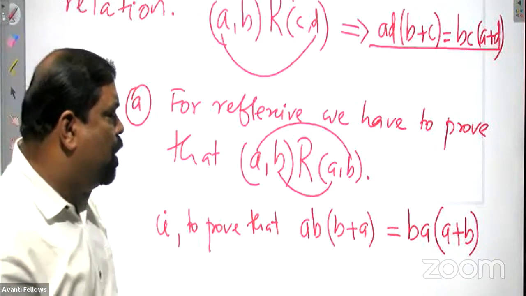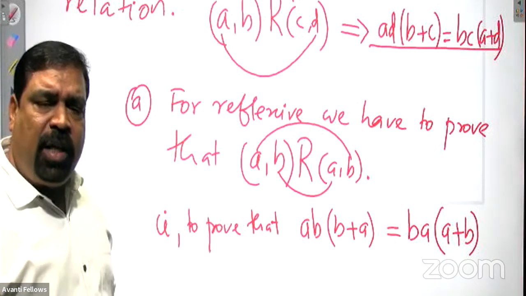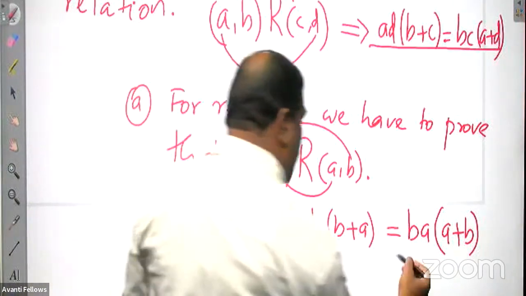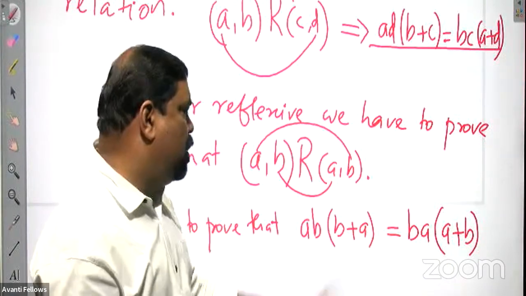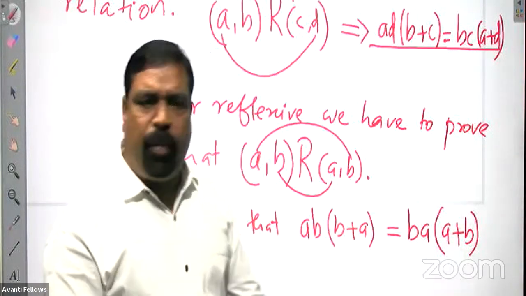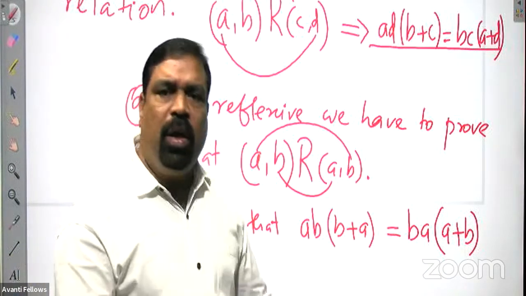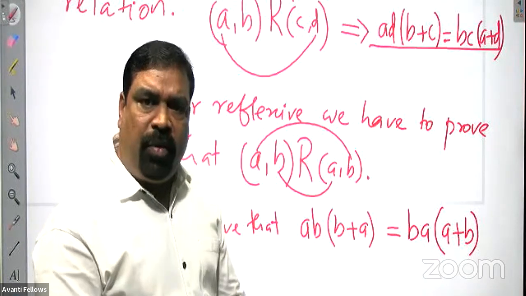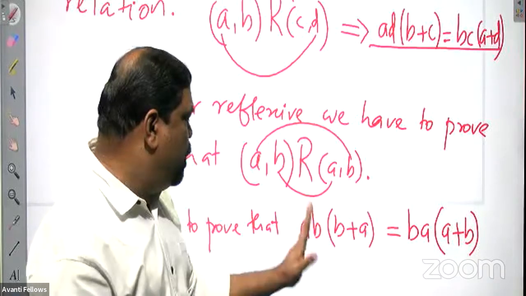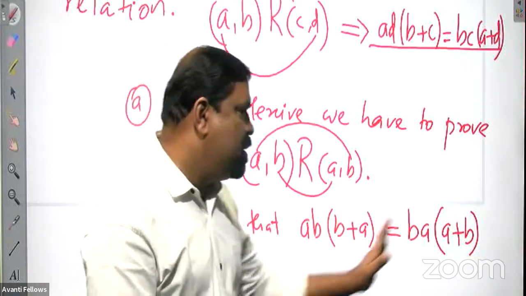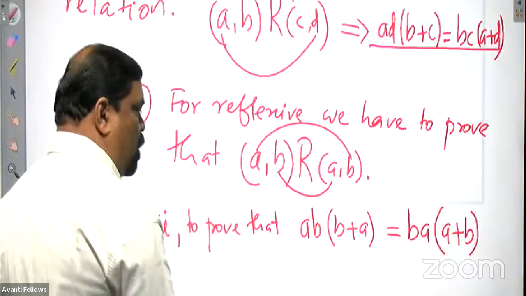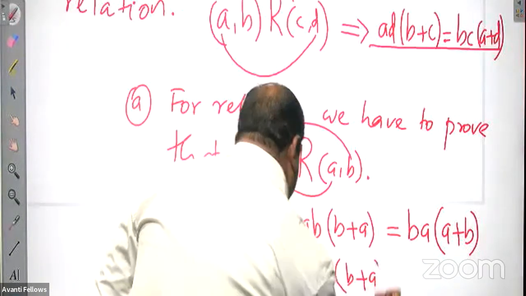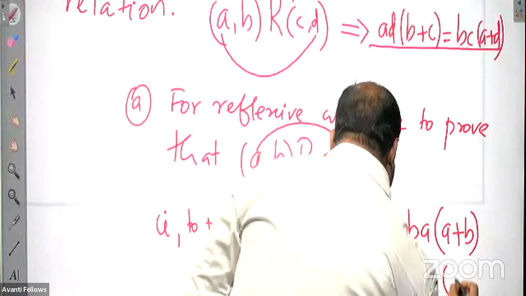Very clearly we can see, we know A and B are natural numbers, so AB is the same as BA. And also B + A is the same as A + B. Addition and multiplication are commutative in the set of all natural numbers. That's why AB you can write as BA and B + A is the same as A + B, which implies AB into (B + A) equals AB into (B + A).